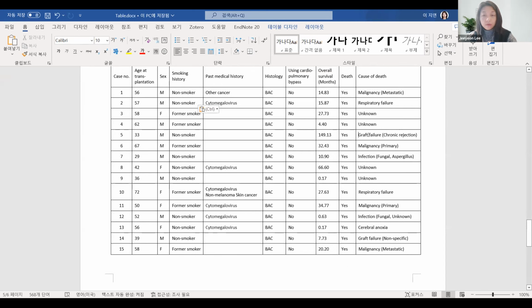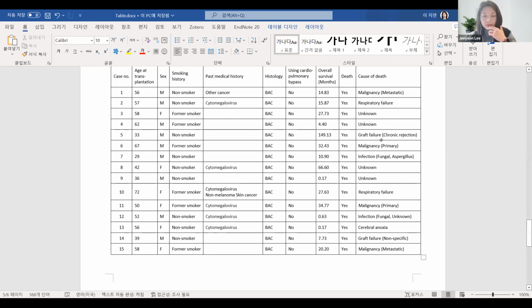Because there is graft failure, but it was specified as chronic rejection. This is non-specific. I guess we have to report whatever they recorded. Just leave them.